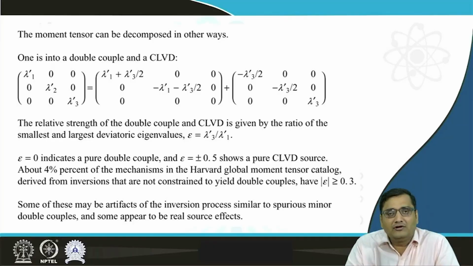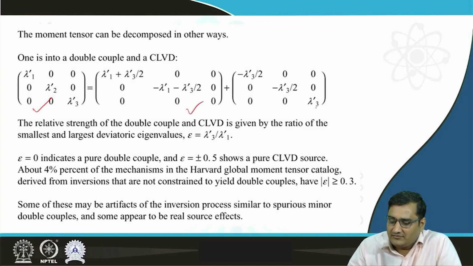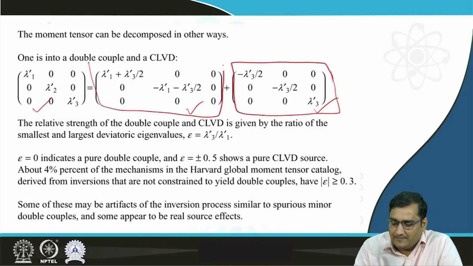You can also decompose the moment tensor in many other ways, and one way is to decompose it into a double couple and a CLVD. So you can decompose this moment tensor into this moment tensor and this moment tensor; you can see this one is the CLVD and this is a double couple.